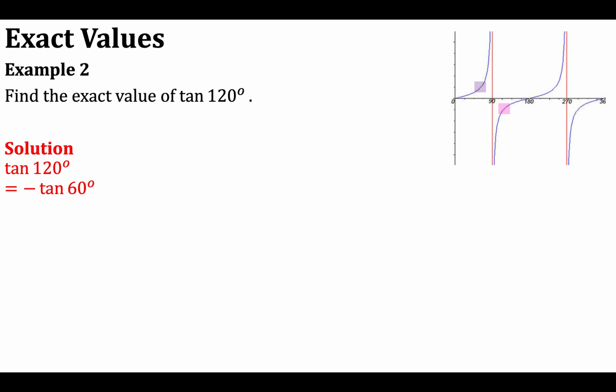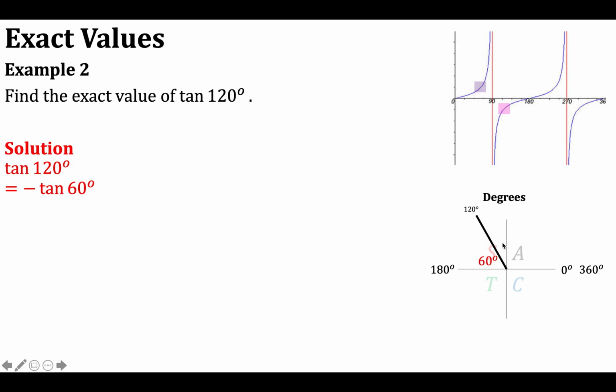Now let's look at that on the cast diagram so that you're sure. So here's a cast diagram. Measuring from 0, 120 is up around here. Remember, we always go from the horizontal, so between 120 and 180 is 60 degrees. In that second quadrant, tan is negative.